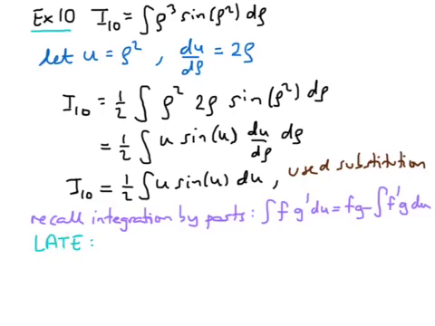So therefore, what we're going to do is say that f of u is u, and the derivative of that is very easy, it's just 1.